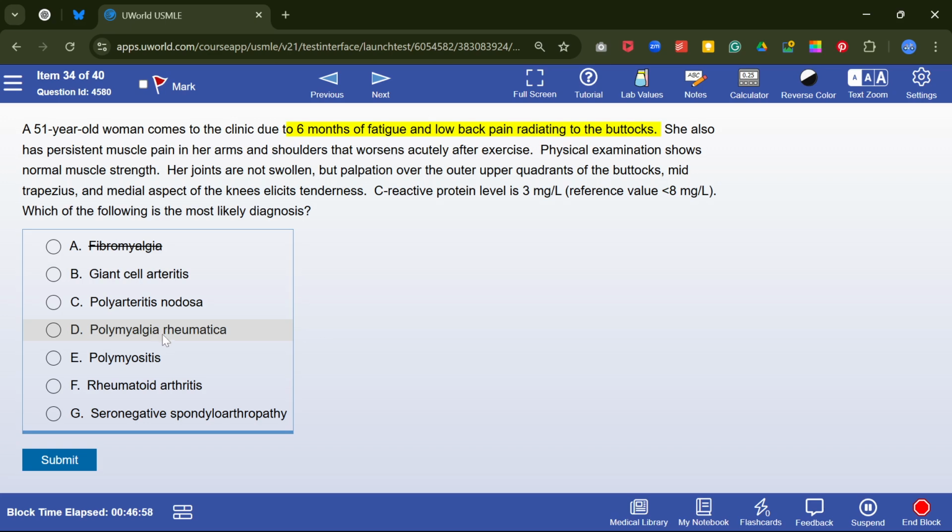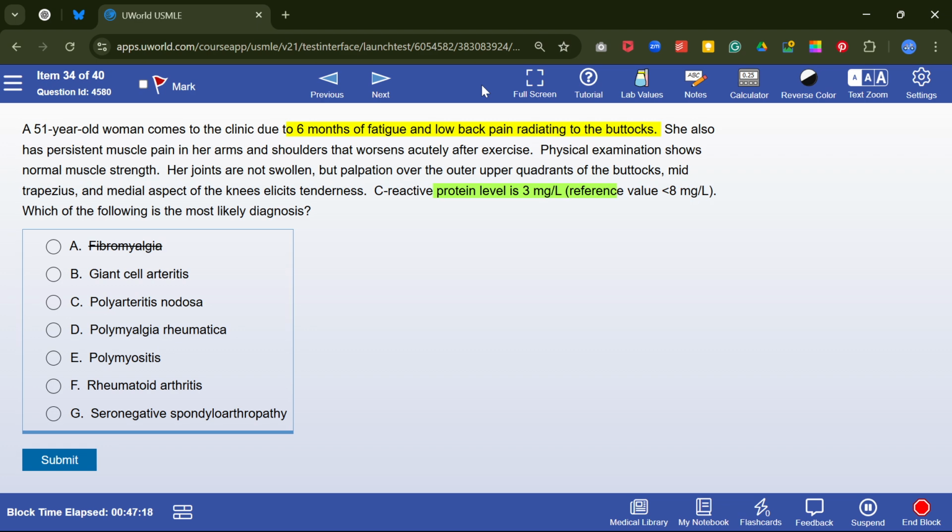It is not polymyalgia rheumatica because C-reactive protein is normal. ESR and CRP are high in polymyalgia rheumatica. Yes, and he has classic low back pain radiating to the buttock.